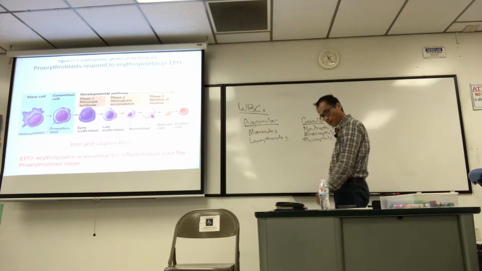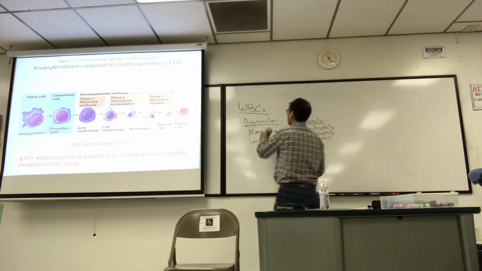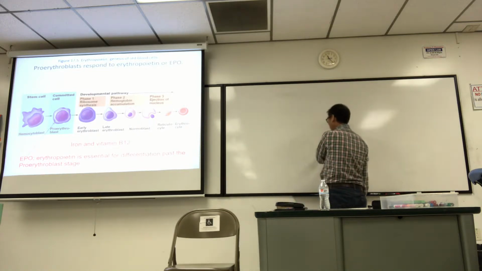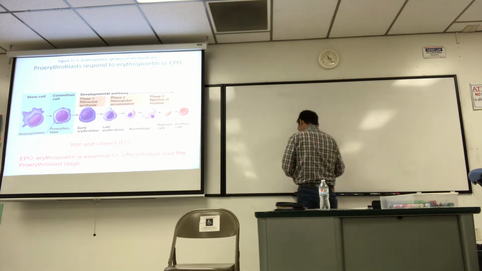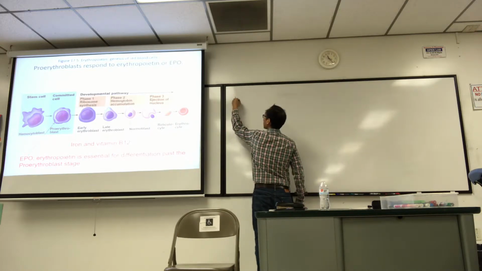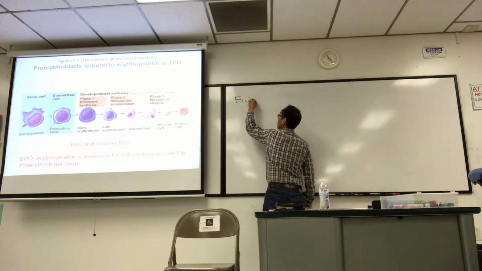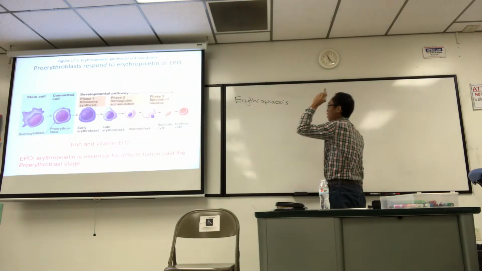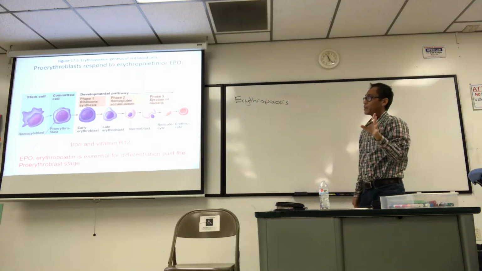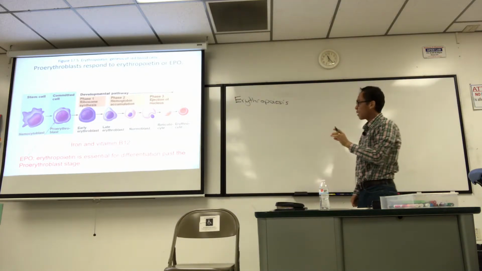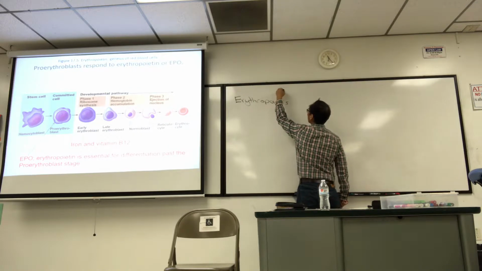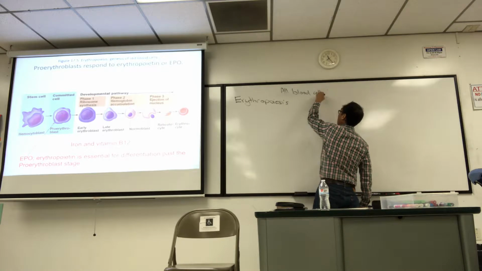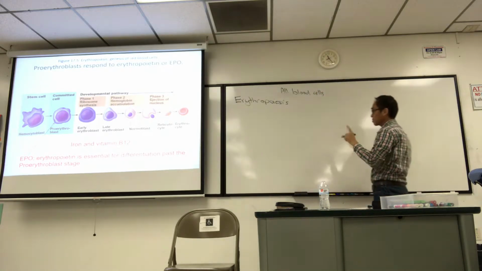Although I don't have a picture of the bone marrow, the process of red blood cell formation, just call it erythropoiesis. Erythro means red. All formed elements are made in the bone marrow. I should probably write that down. All blood cells, formed elements, and they're not true cells, but that's why they're called formed elements.